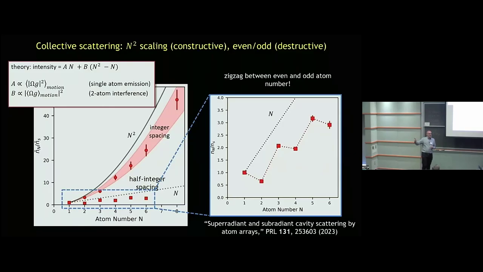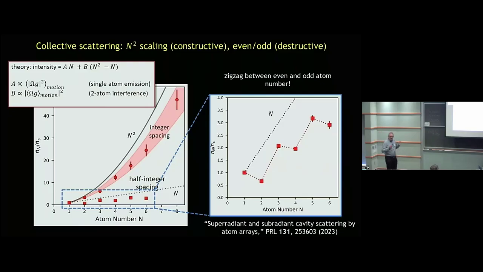So the 3 atoms should only scatter as much light as 1 atom. Again, because of the Debye-Waller stuff, we don't see exactly that, but we do see this alternation between high and low, depending on the parity of the atom number. And it's really kind of a nice hallmark of the subradiant nature of cavity scattering under those conditions.